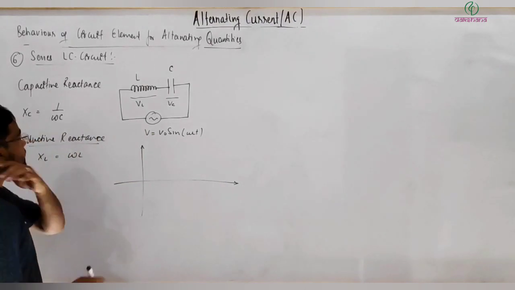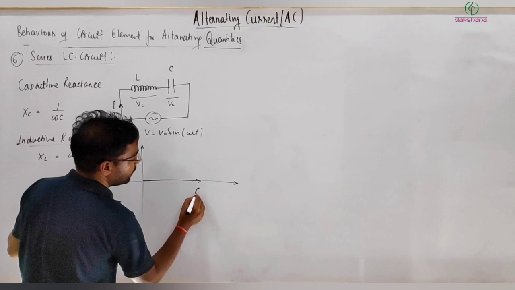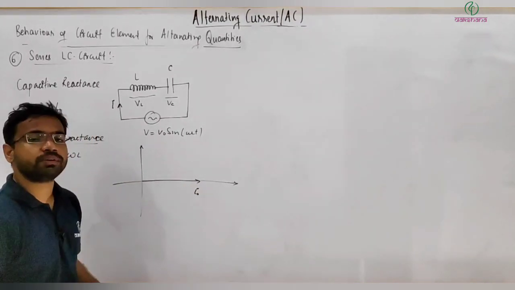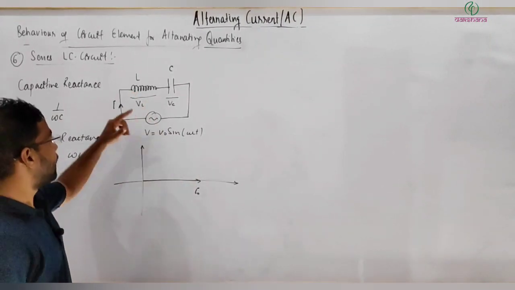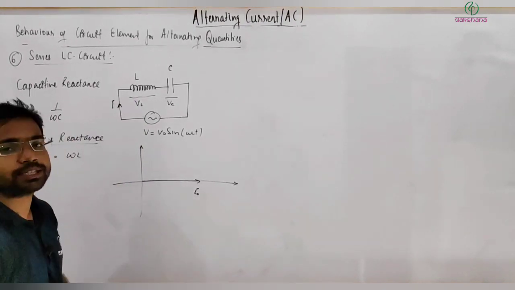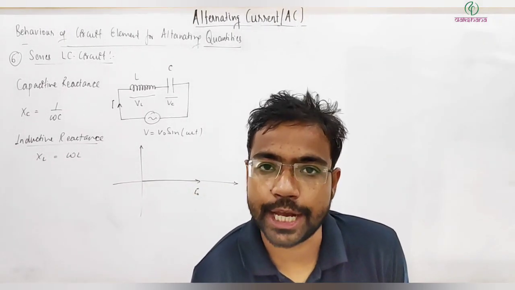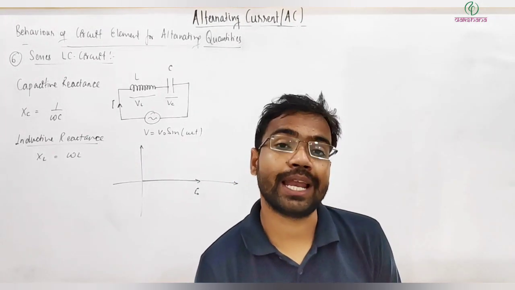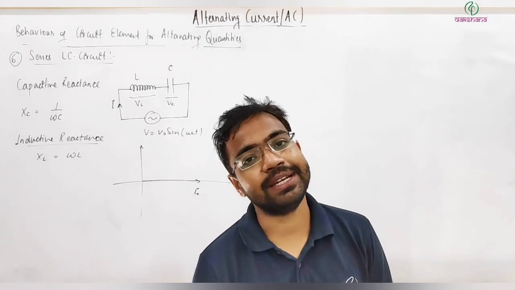So here let me say the current in the circuit is I, and I am taking this current I along the X axis. If I take it I0, then it's the peak value of the current. So this is the current in the circuit. Now let's talk about the inductor. How will the phase of VL be related to I, the current through it? You must remember that the potential drop VL across the inductor must be leading the current through it by a phase angle of pi by 2.